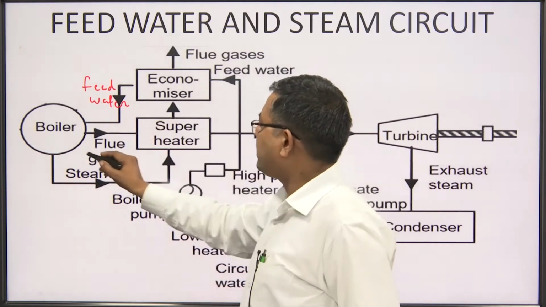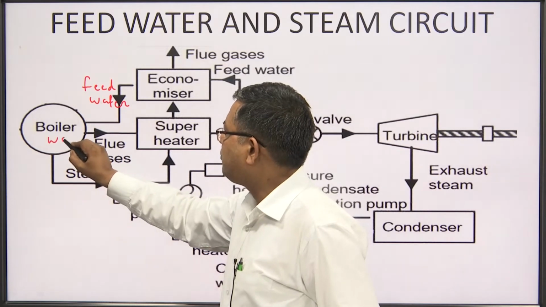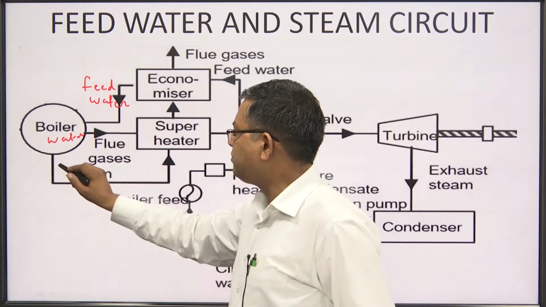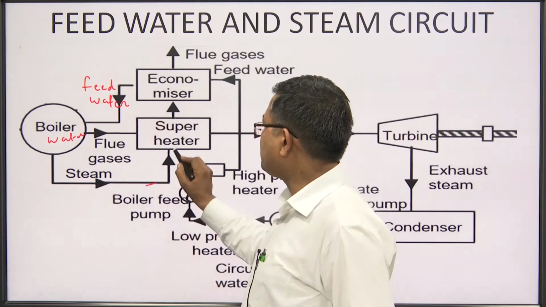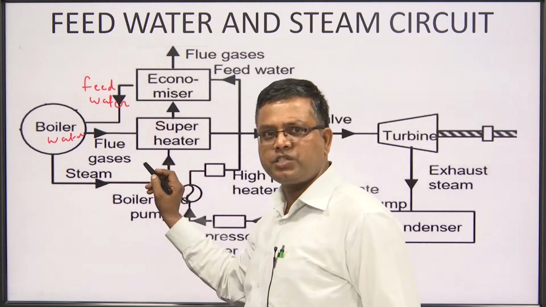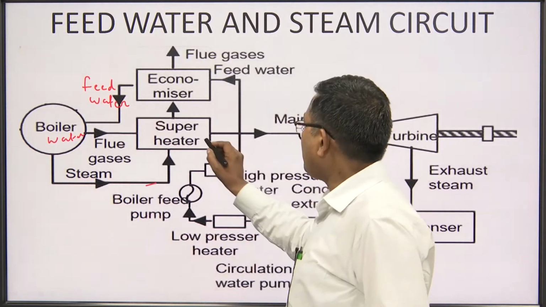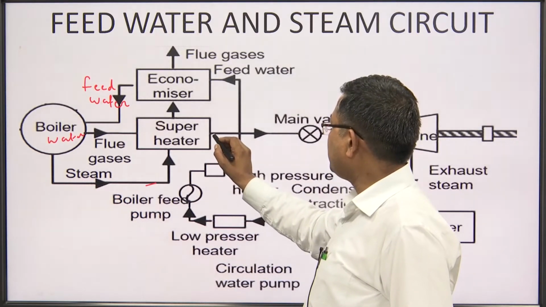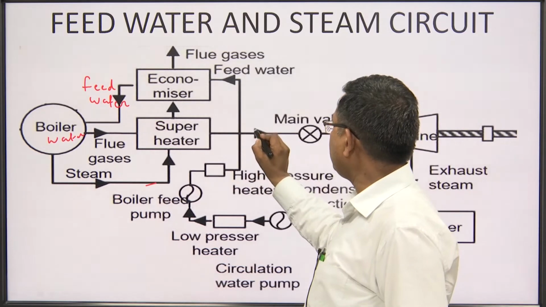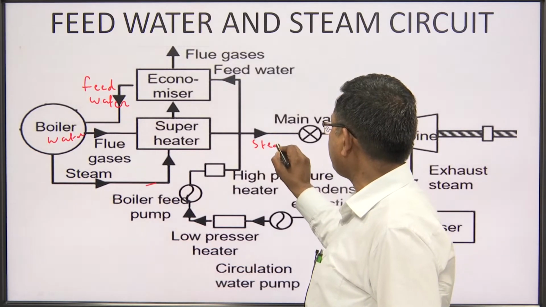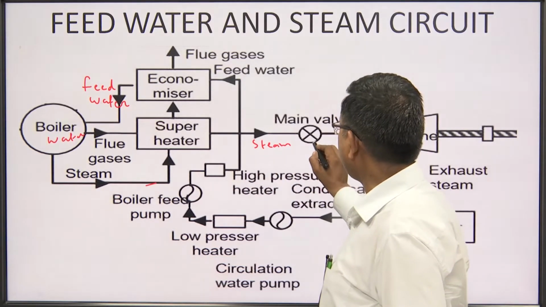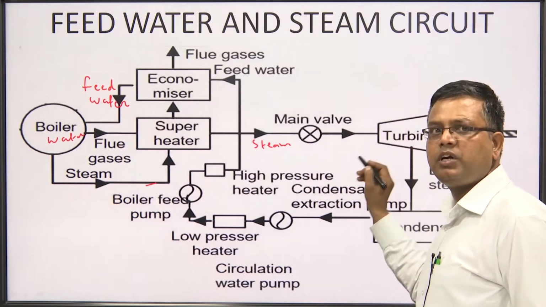Initially, in the boiler, there is water which converts into steam. That steam passes through the superheater and becomes superheated steam. I told you why we are doing the superheating, right. Now, after passing the superheater, this superheated steam passes through a main valve and then it expands into the turbine.